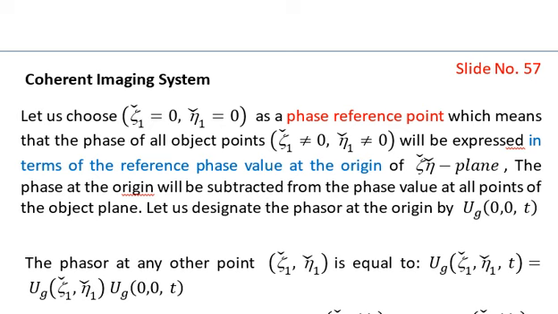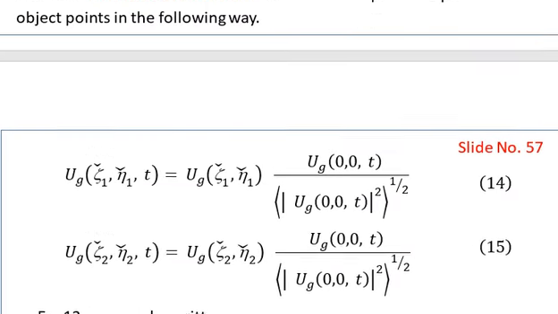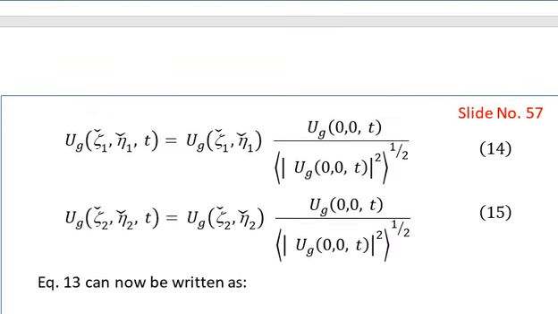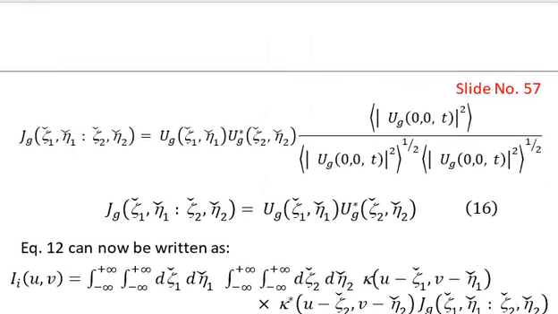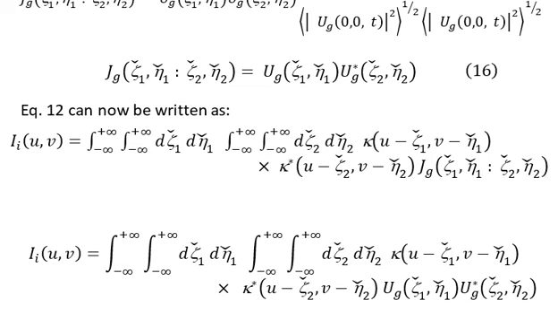Using these assumptions, and assuming some normalization constants that we introduced in equations 14 and 15 so that we can give an exact expression for the intensities, we have written that the mutual intensity, as given in equation 16, is independent of time for the coherent case.